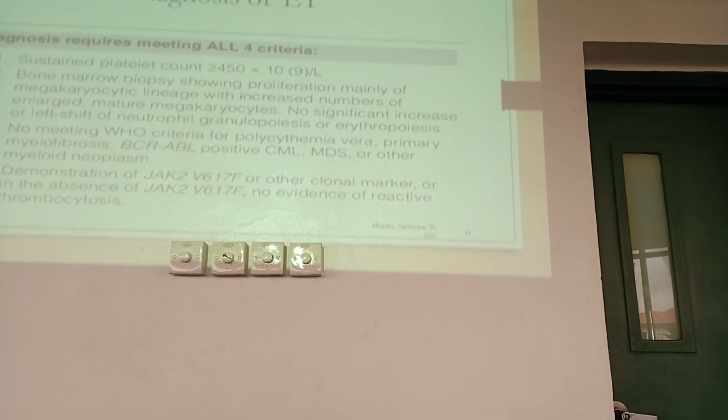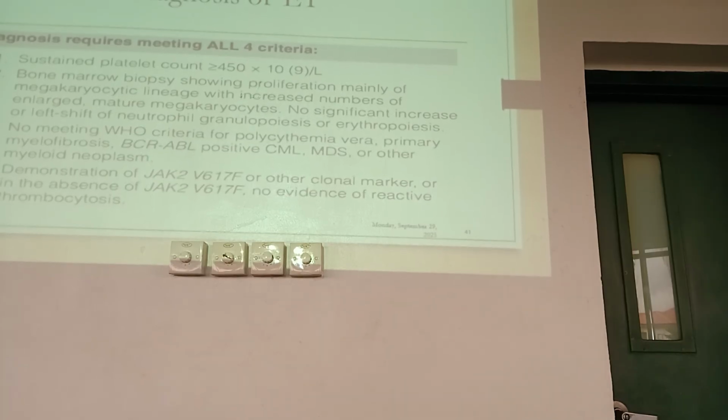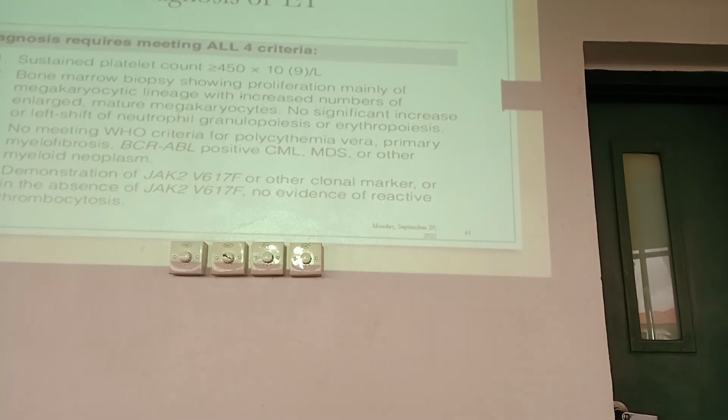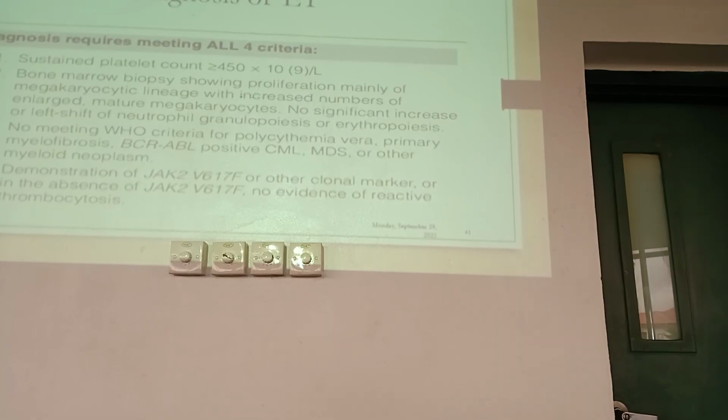Then if you can demonstrate JAK2, it's good. JAK2 absence does not rule it out, but if JAK2 is positive, no polycythemia, and there's elevated platelet count, you can say okay, it is ET. I hope that is clear.